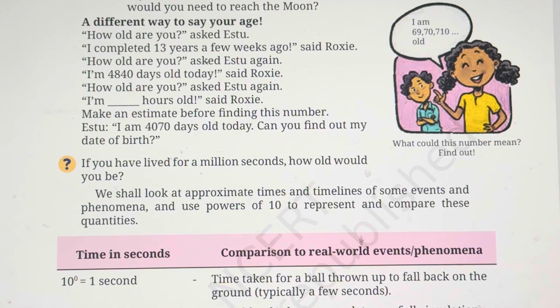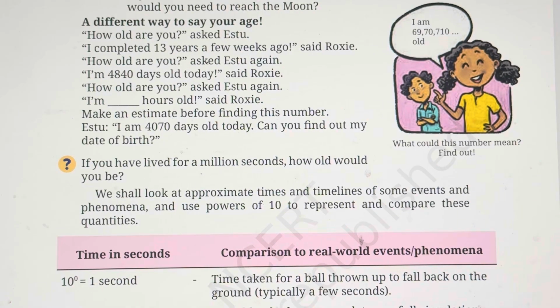Right. So Istu is asking again, how old are you? So now this time Roxy is saying, I am 4,840 days old. Okay. Now again Istu is asking, how old are you? So I am dash hours old, says Roxy.